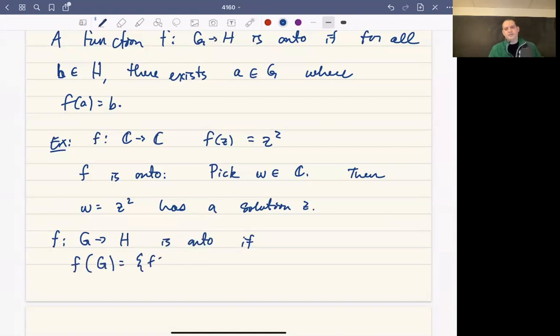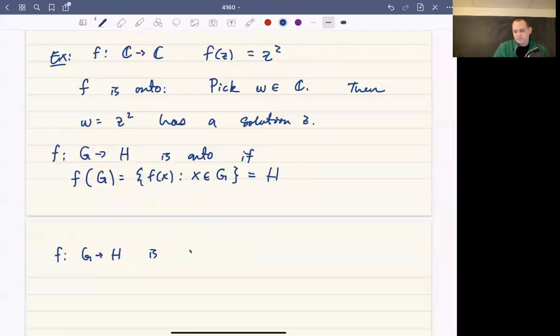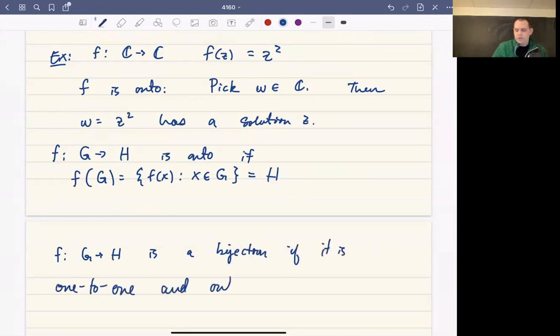Okay, and finally, f going from g to h is a bijection if it's 1-to-1 and onto. There's a lot more that you can say about bijections, and there's many examples that I'm just kind of glossing over. I just want to do this very quickly.